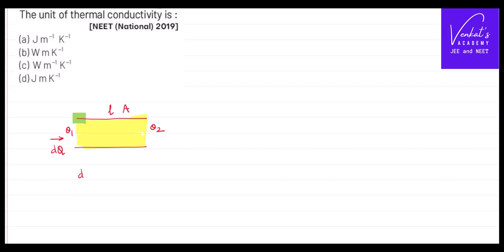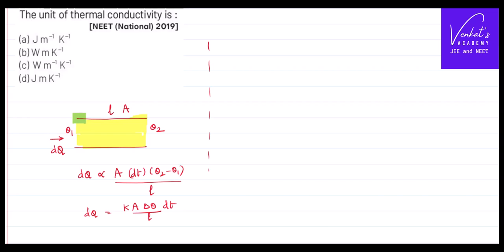According to thermal conductivity, the amount of heat flow is directly proportional to area, directly proportional to the time for which the heat flows, directly proportional to temperature difference, and inversely proportional to the length of the conductor. If you eliminate the proportionality, you can put a constant called coefficient of thermal conductivity: dQ = K A delta theta dt by L.